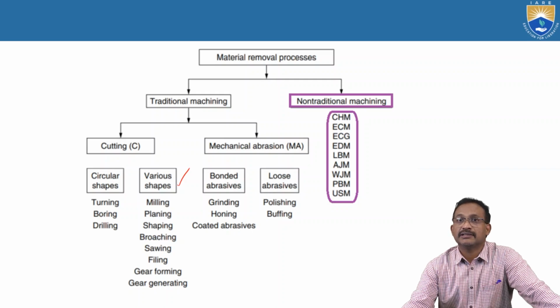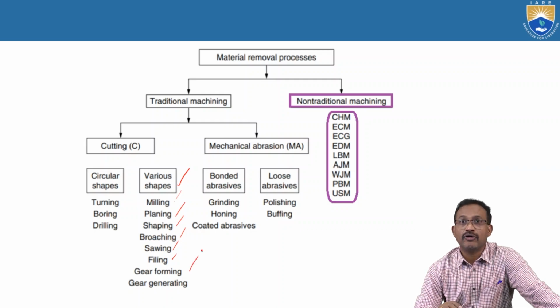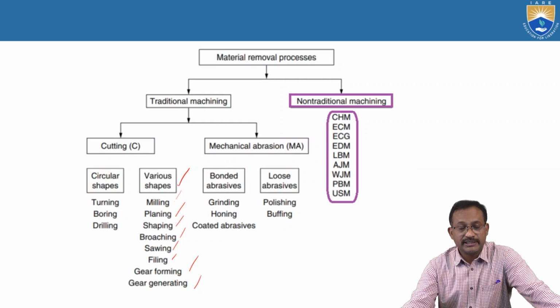Now let us come to the other processes to get various shapes other than circular shape. Milling, planing, shaping, broaching, sawing, filing, gear forming, gear generating. Now let us see in brief what is milling. Again, what is the plane milling and surface milling? We will see all these in detail if at all required.